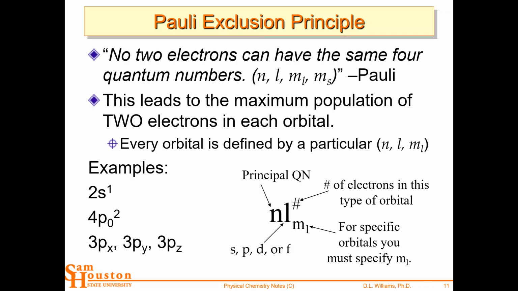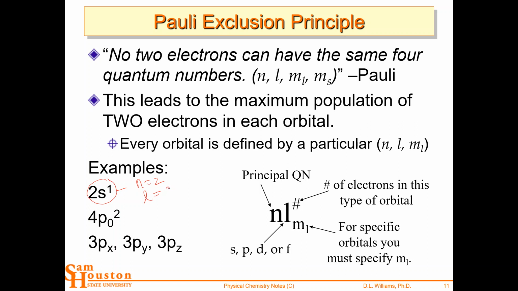So these are examples of this notation. If you were given any one of these, you should be able to take this and give me all of the quantum numbers. So this piece right here, we know N is equal to 2. What's L?